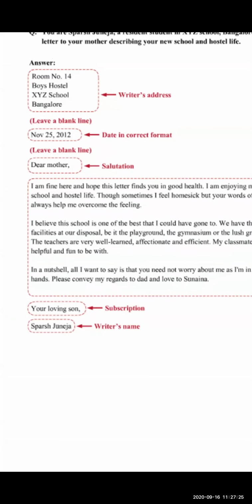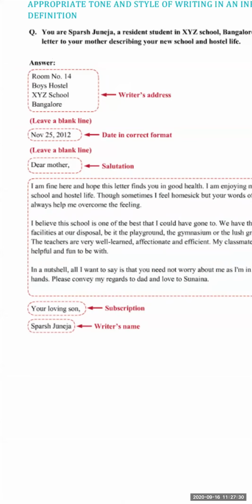So in the body, he explained about his school and his hostel. And in the last paragraph: "In a nutshell, all I want to say is that you need not worry about me as I am in good hands. Please convey my regards to Dad and love to Sunaina." Then the subscription, "Your loving son", and then he wrote his name.